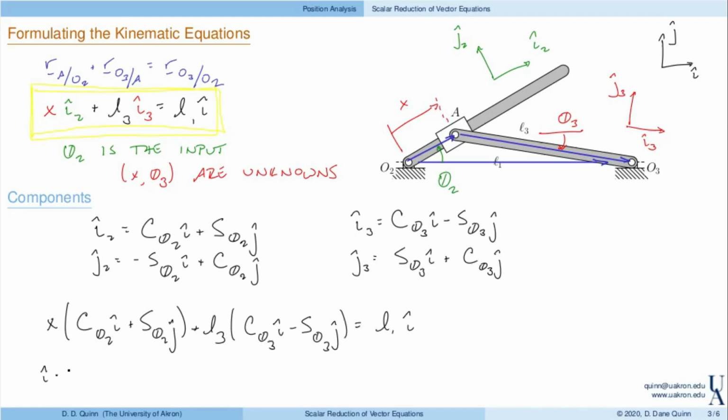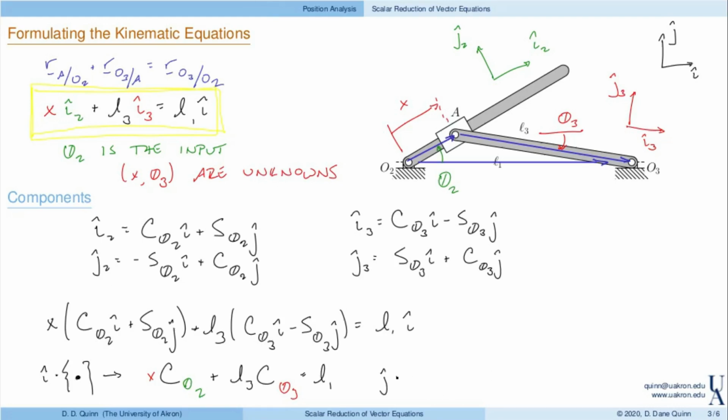One way of doing that is to dot this whole equation by I, because of course I dot I is equal to 1. I dot j is equal to 0, and so that goes away. And we see x cosine of theta 2 plus L3 cosine of theta 3 equals L1.